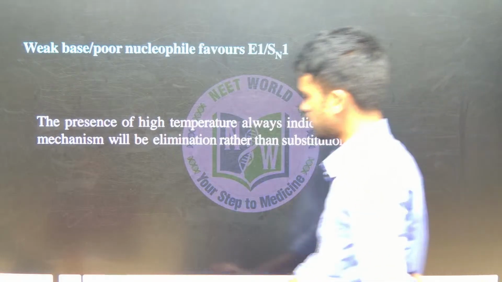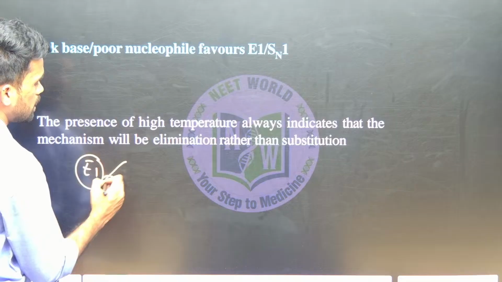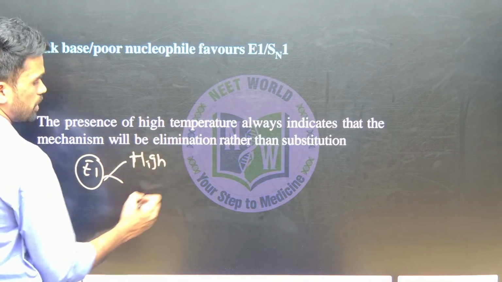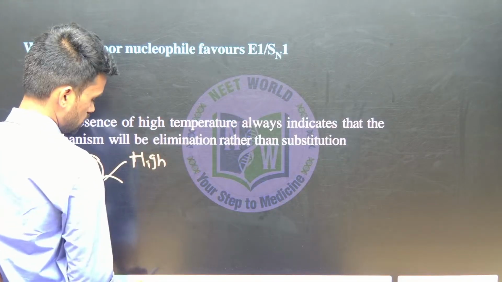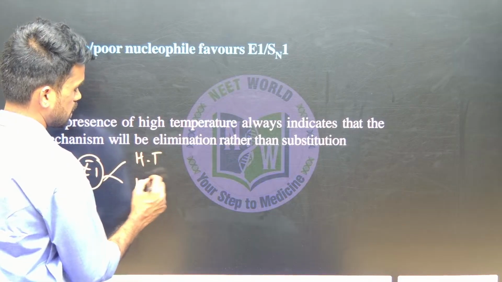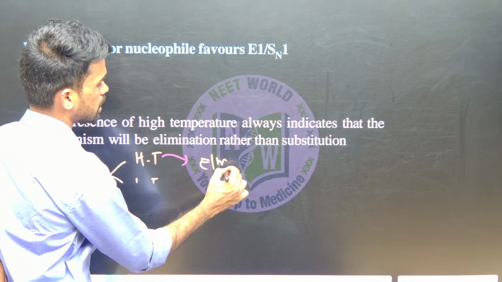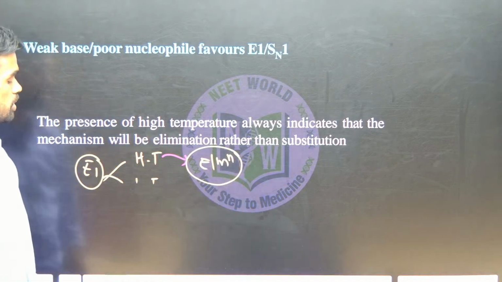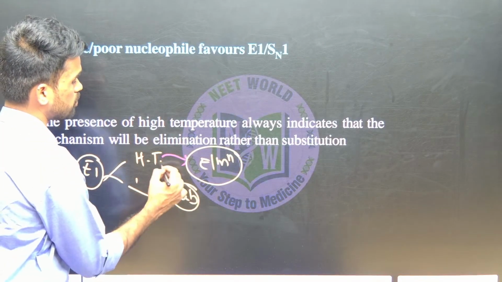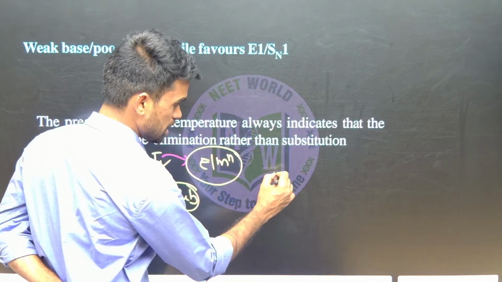In the last class, when I was discussing E1 elimination, I told you about high temperatures and low temperatures. High temperatures favor elimination. At normal temperature substitution takes place, but high temperatures favor elimination, because elimination is an endothermic reaction.